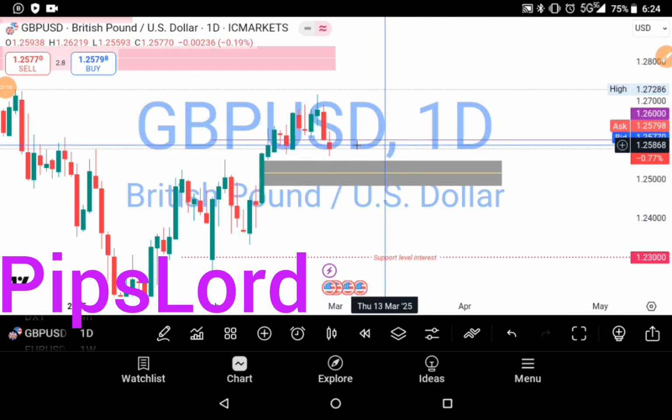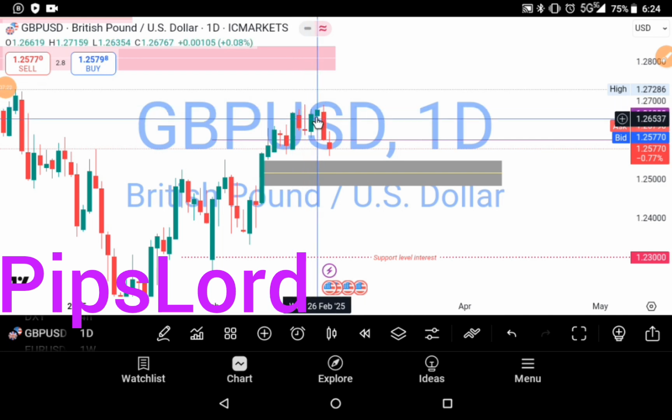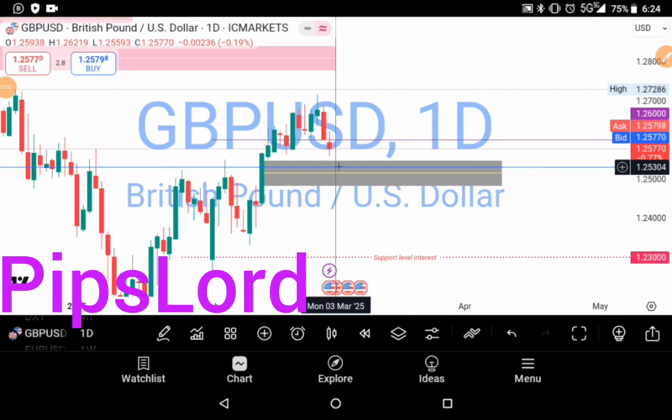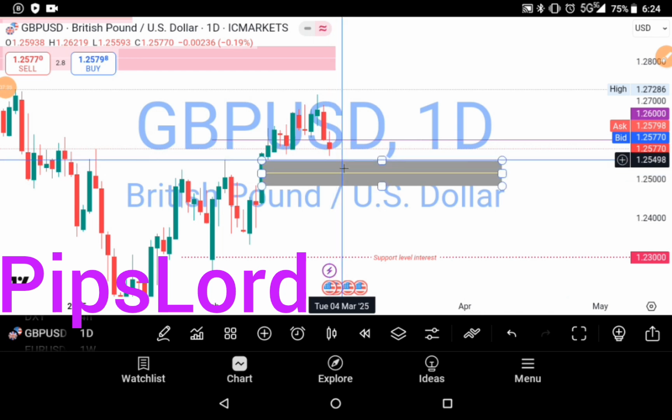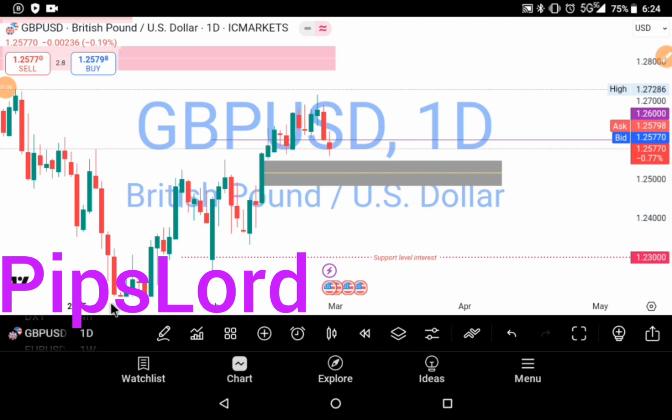We just had the market price taking a high of 1.27159. So in the coming week, I'll be seeing if the market price will gravitate into 1.25 thousand.